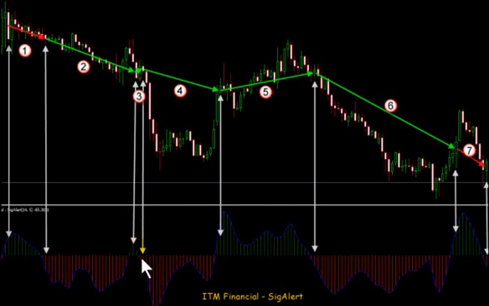We went long here at the second bar and will sell, or in this case, go long again at this second bar. But we could have made much more benefits. But in any case, as we can see here, the green arrow still is fine, so we shouldn't be complaining.